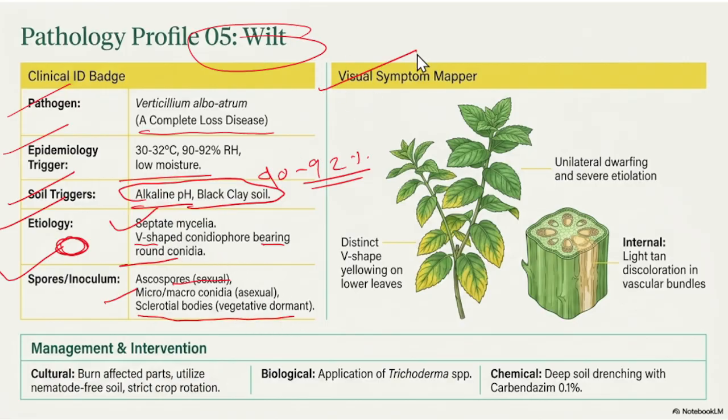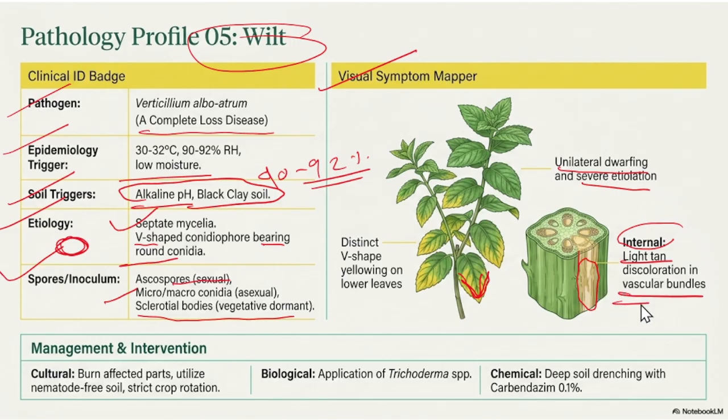Those are the visual symptoms. First one is unilateral drooping and severe etiolation. Then V-shaped yellowing on the lower leaves, you can see such a V shape here, and internally a light tan discoloration in the vascular bundles, just like this one.